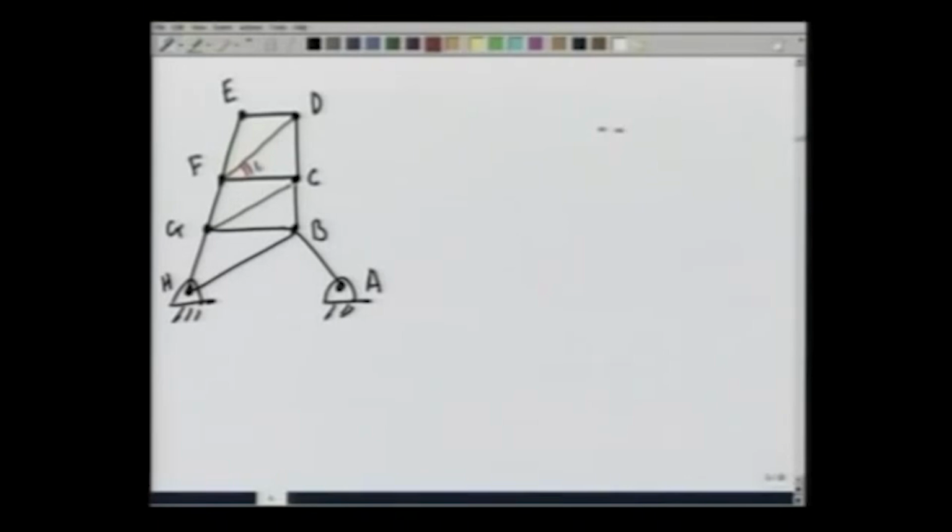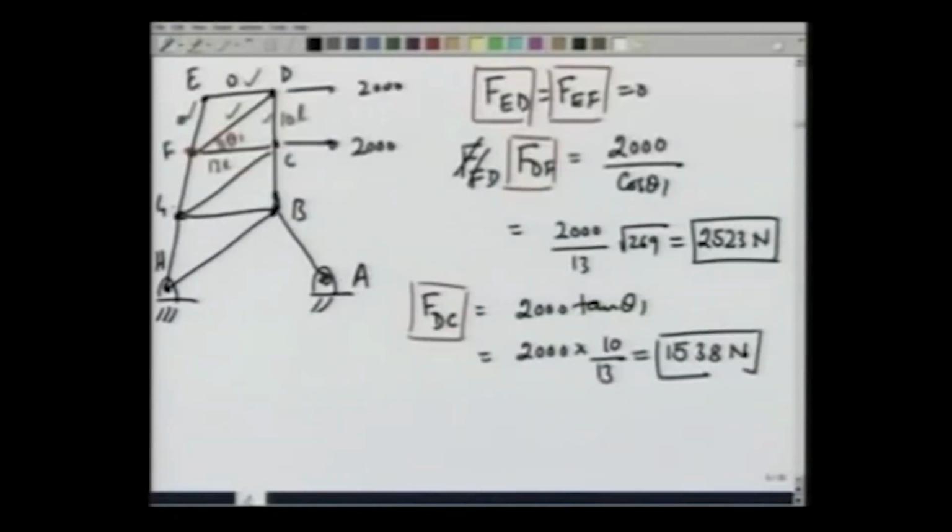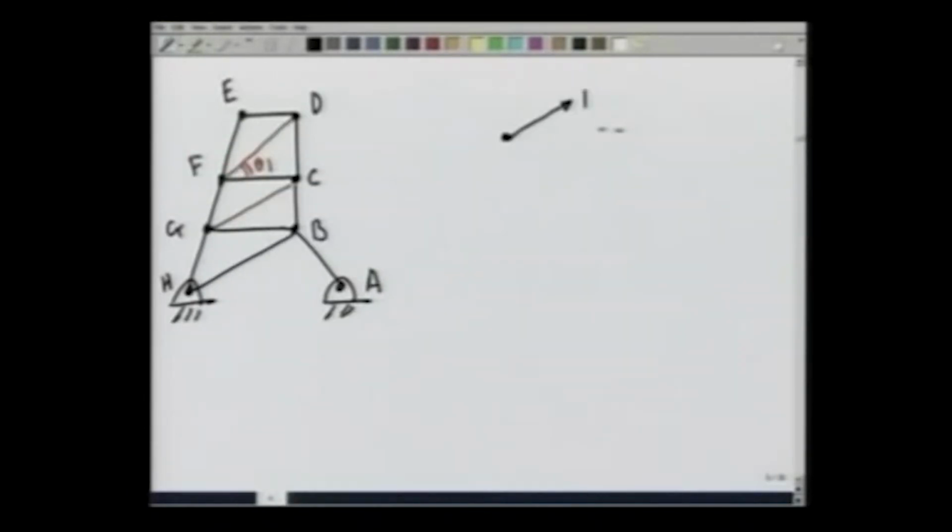This is angle theta 1. If I look at point F, it has a force EF which is 0. It has force, do I call it FD or DF? Let me see, I call it DF, FDF acting at an angle theta 1.